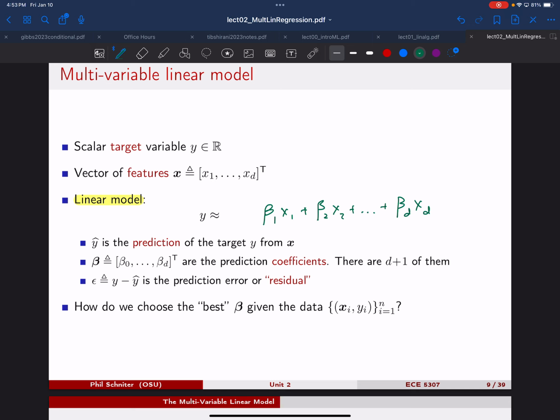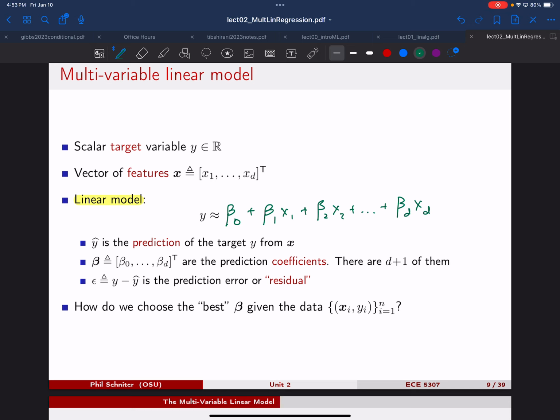But this is not quite enough. We want to handle the possibility that there's some sort of offset in the data. Like if all the x's are 0, y would necessarily be 0. But that might not be the way the data works out. So we're going to put in one more coefficient called beta 0, sometimes called the intercept term. And that's going to be our model.